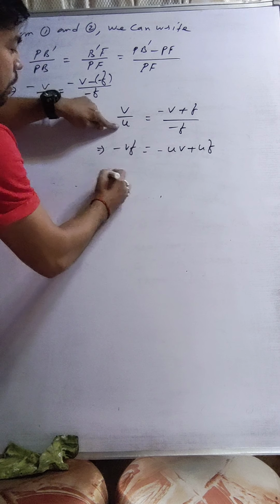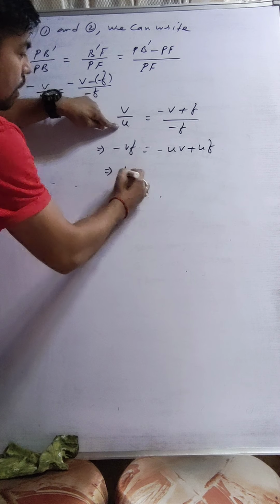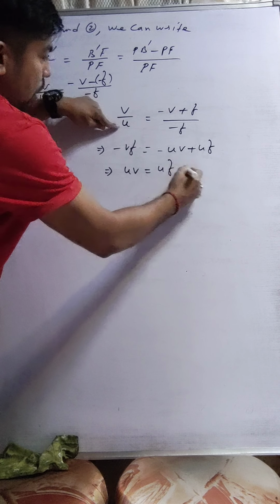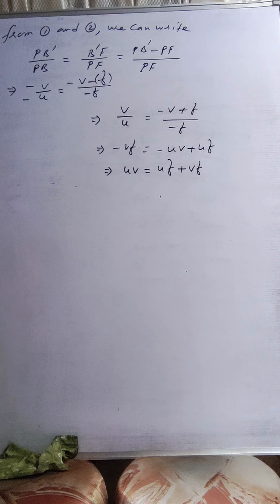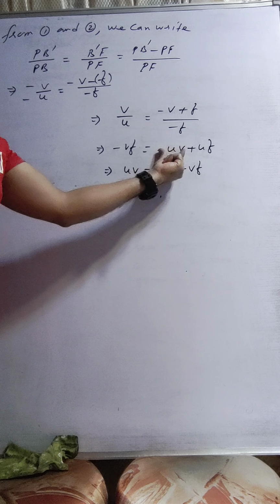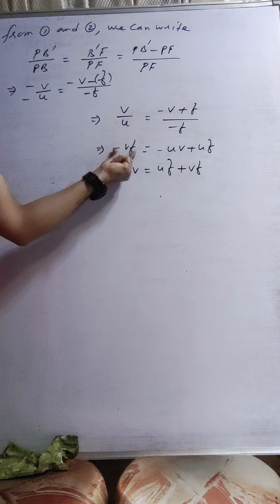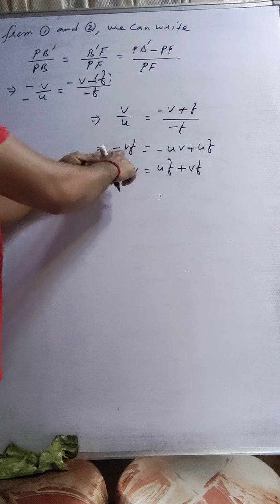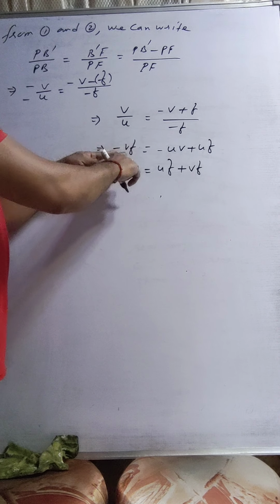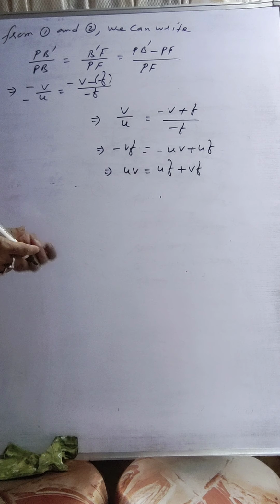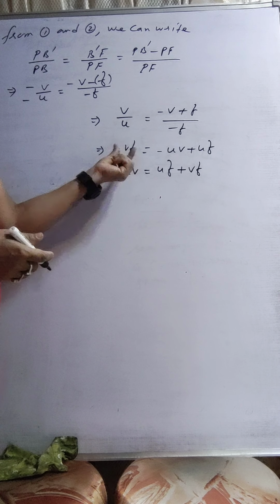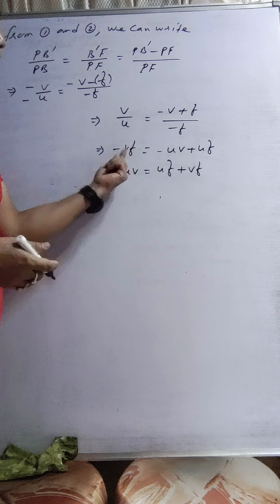Okay, so you can write it like this: UV equals UF plus VF. Am I right? This was minus UV, so it is plus UV. This is minus, so if you take this to the right hand side, then it becomes positive.